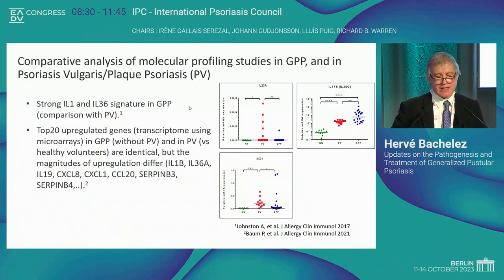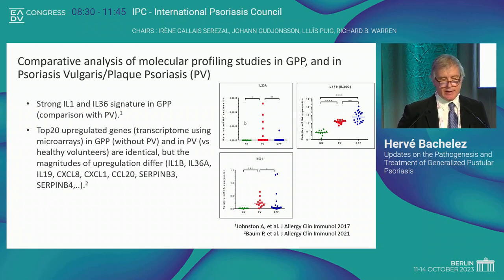What is also interesting is to pay attention to the molecular profiling studies in GPP and the comparison with psoriasis vulgaris. And I emphasize this very nice paper from Andrew Johnson and led by Johann Gudjonsson.